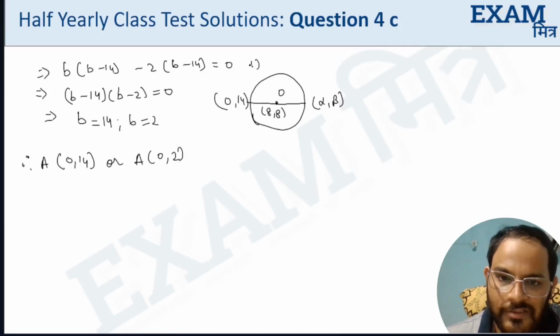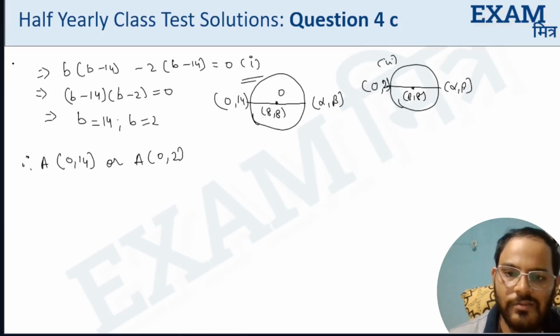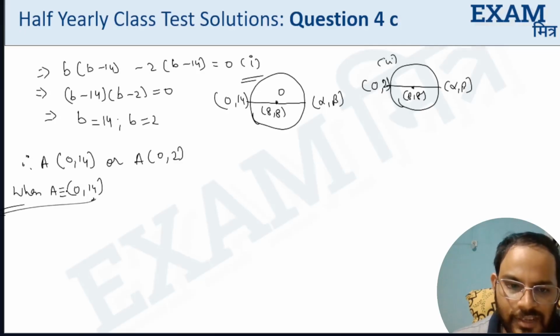So this is one case where the value of b is 14. We can have another case as well. The coordinate of A is (0, 2), and this is (8, 8), and this is (alpha, beta). Now when the coordinate of A is (0, 14), that means the first case.